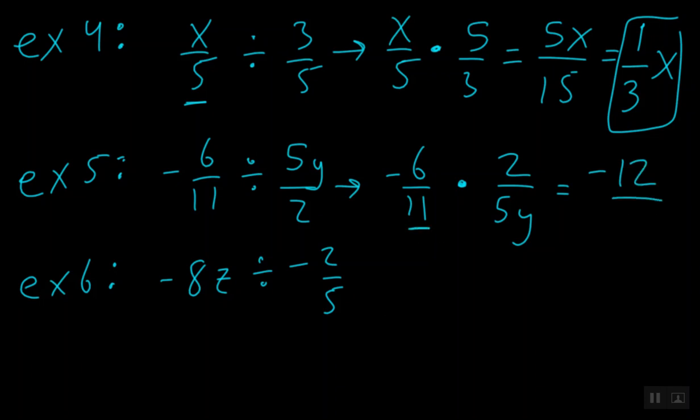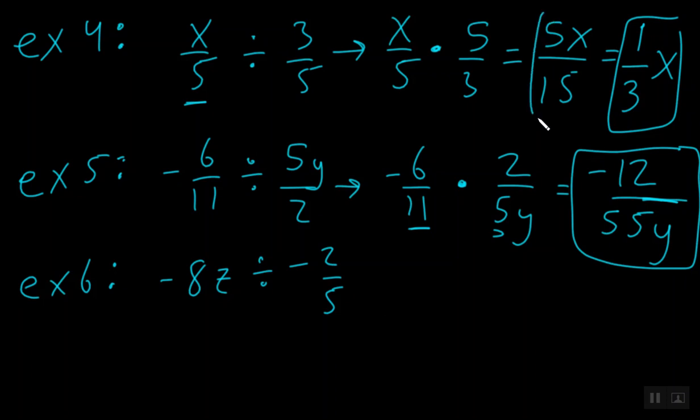And wait a second, what's 11 times 5? Of course, that will be 55y. I don't believe these have any common factors, so let's just go ahead and leave this like this. Now, one note, you cannot pull the y out of the denominator. So we have to very clearly here leave the y on bottom. We can't pull it to the right like we did in example number 4.